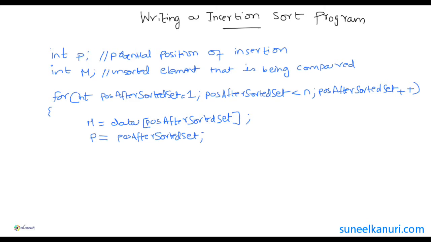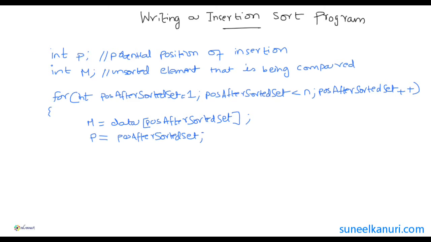And we stop our comparison when we find a sorted element smaller than m, or if we reach the start of our dataset. As we compare m with elements before it, we shift all the sorted elements greater than it to the positions to the right.